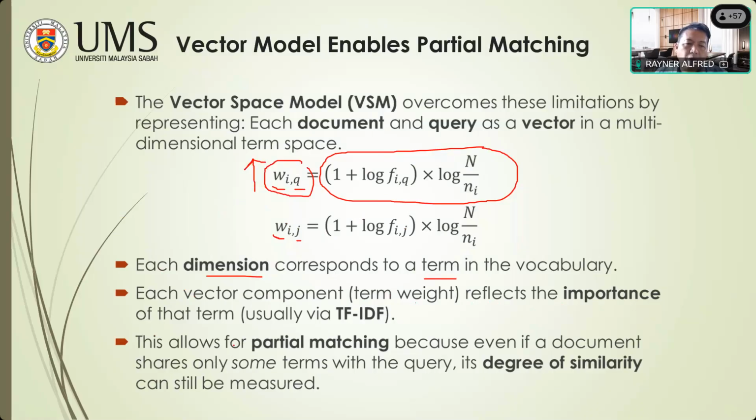This allows you to have partial matching because you are computing the interaction between the vector Q and document vector j, multiplying them in order to find the ranking. So the degree of similarity can still be measured, which is not the case for the Boolean model. In the Boolean model you just have 1 or 0, but here you have decimal numbers.